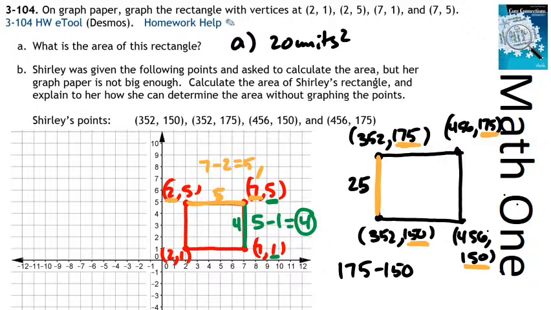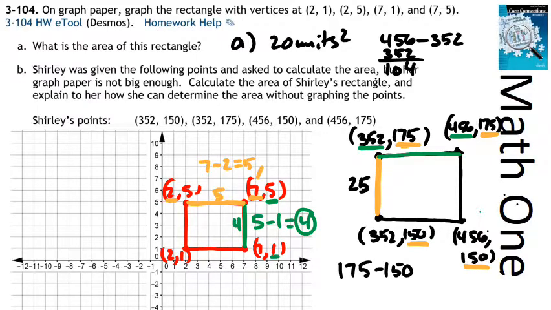The other dimension, if you take a look at it, x is 352, and it's traveling all the way up to 456. That's this dimension. So I'll just do the arithmetic: I'll take 456 and subtract 352, and yes, I'm going to put it in this column. 6 minus 2 is 4, and I have 104.